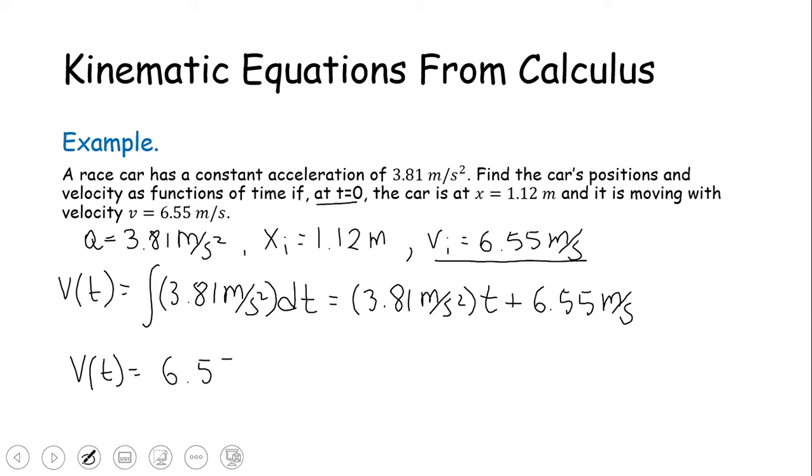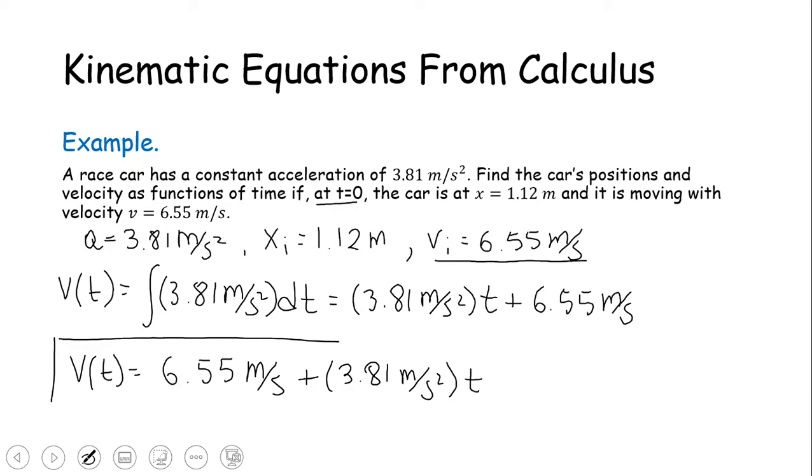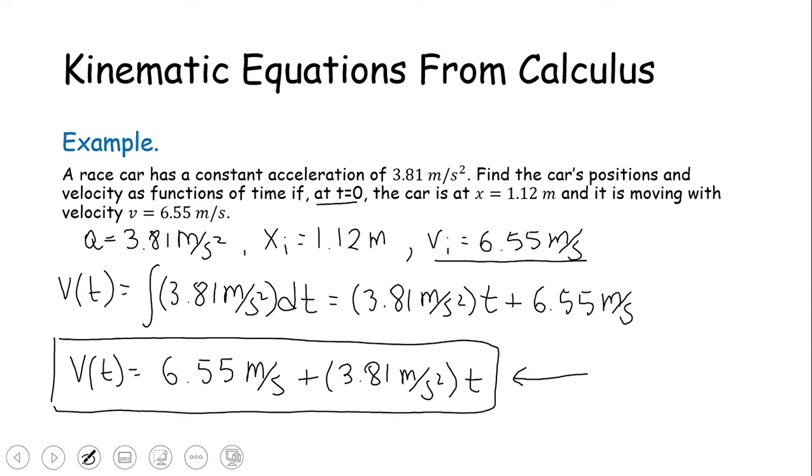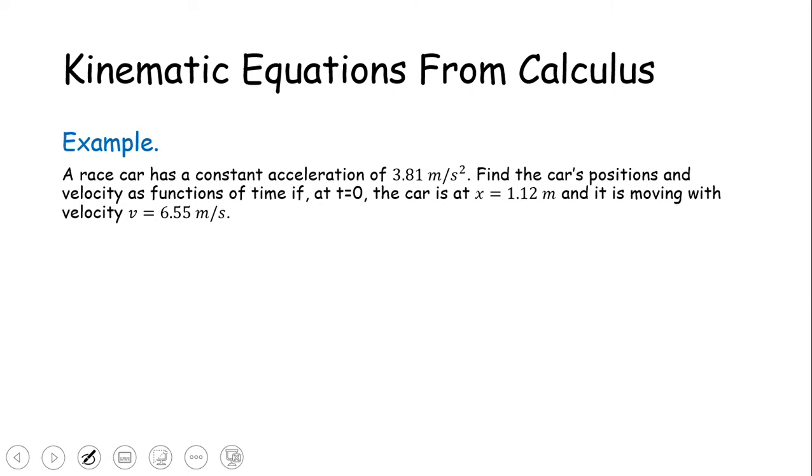So we have the equation for the velocity of this race car is given by this expression here. So we have found an equation for the velocity. Now, in order to find an equation for the position, we're going to integrate this expression here that we just obtained and then use the fact that the initial position is 1.12 meters.